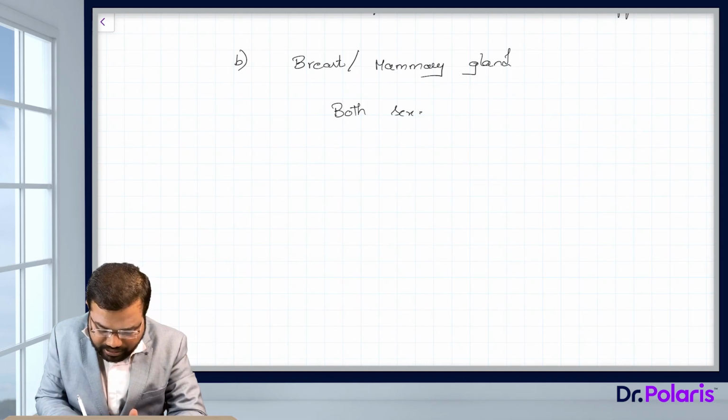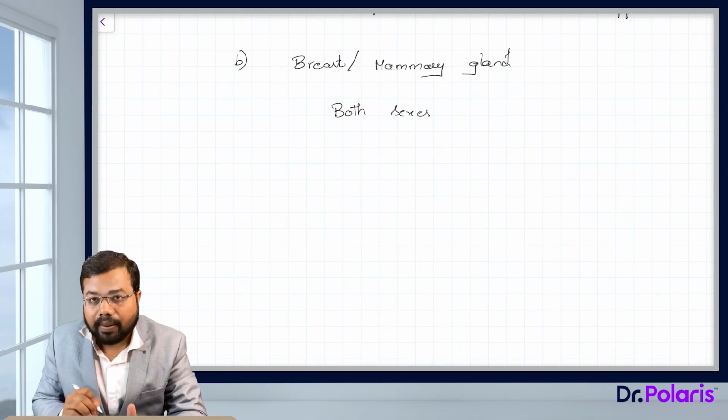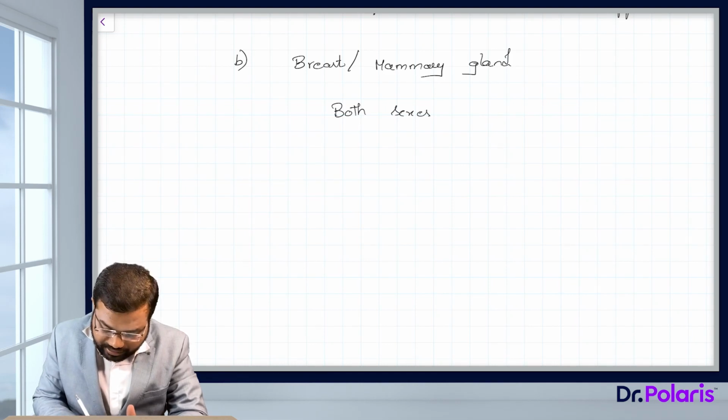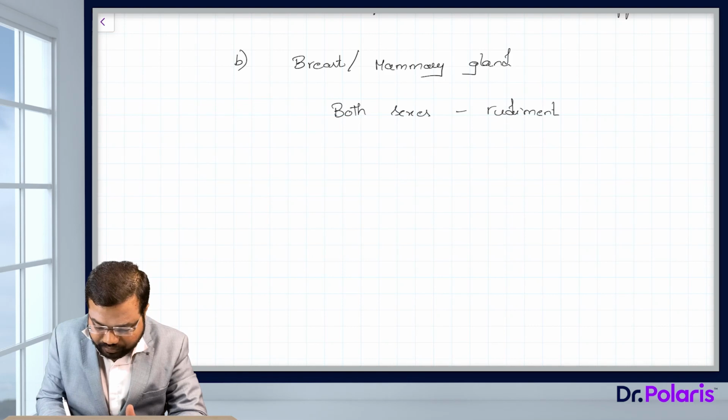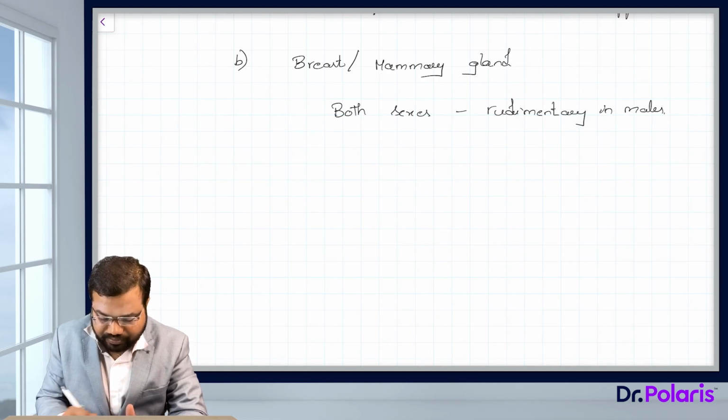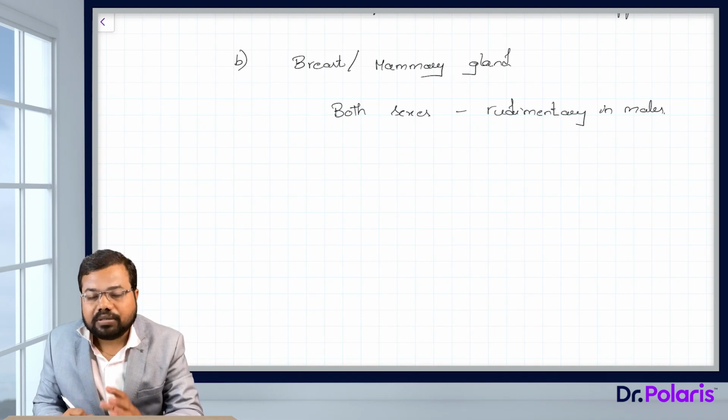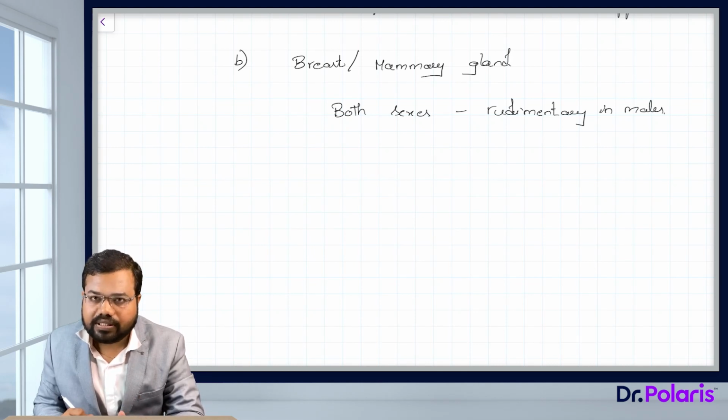Both in males and females the breast is present, but it is rudimentary in males. So please remember, the breast is not confined only to females; it is present in both males and females, but it is well developed in females and rudimentary in males.